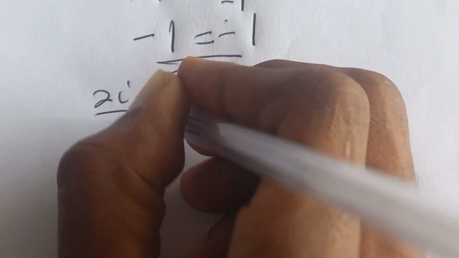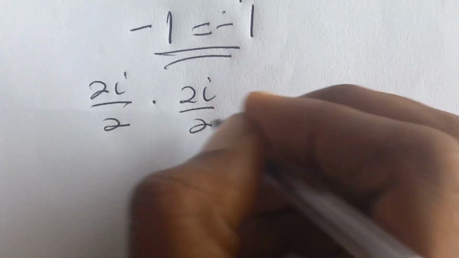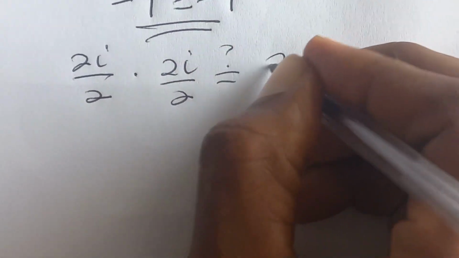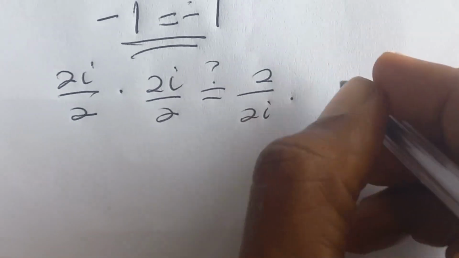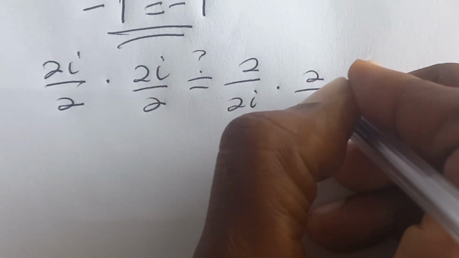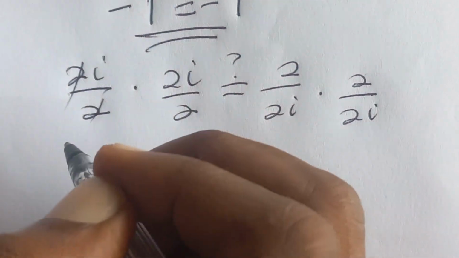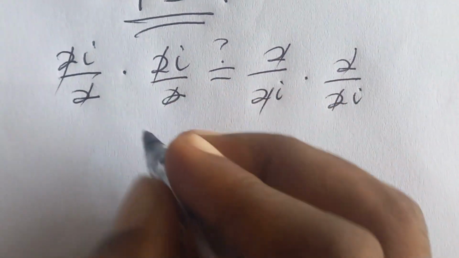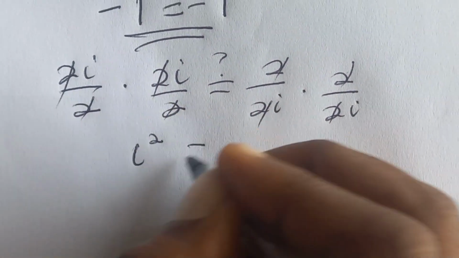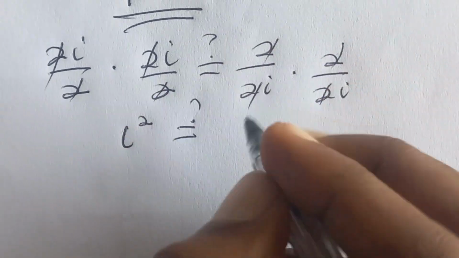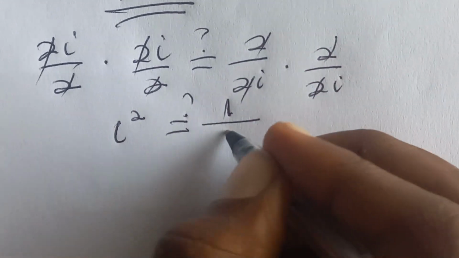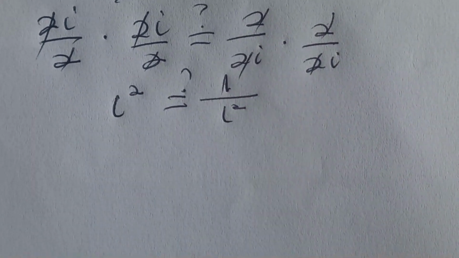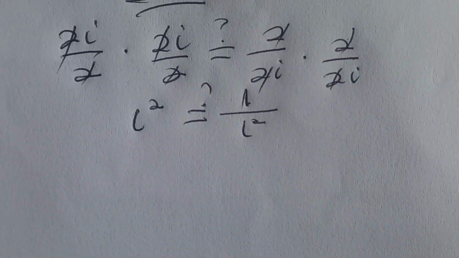So you have 2i over 2 multiplied by 2i over 2, is it equal to 2 over 2i multiplied by 2 over 2i. So this will cancel, this will cancel. So we have i times i is i squared, is it equal to this one to be 1 over i squared.